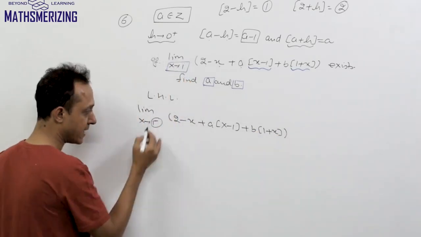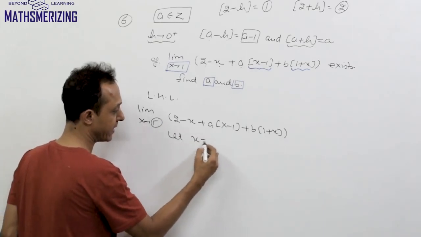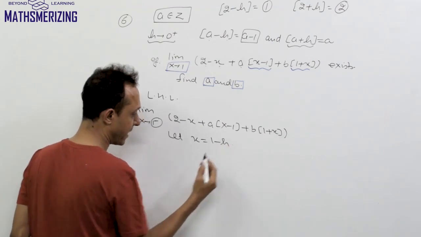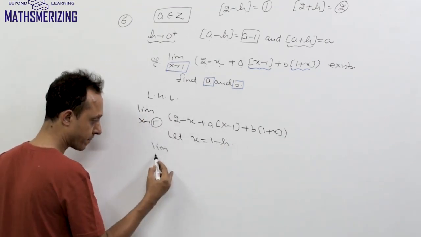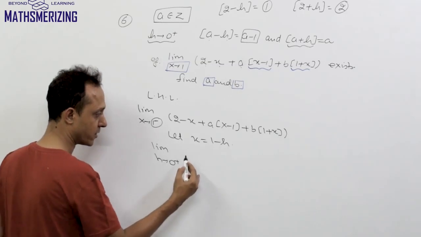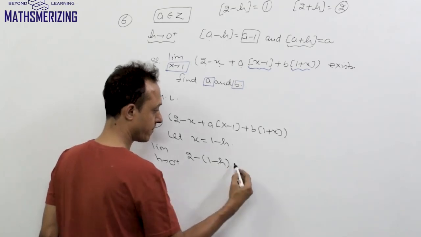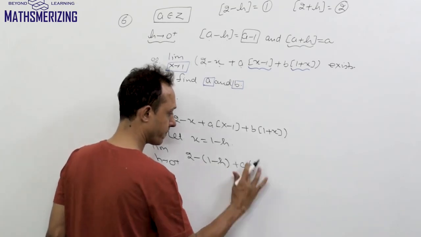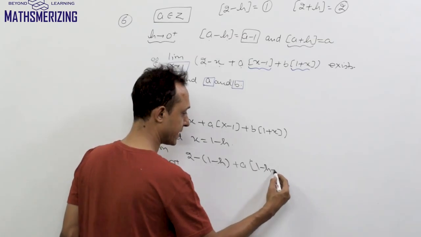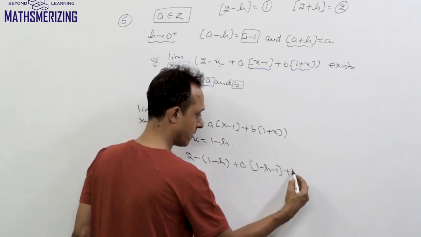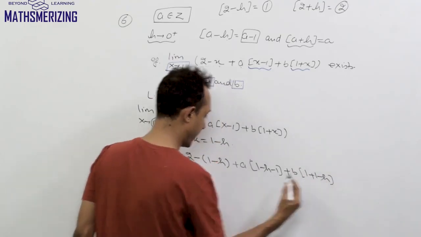Now it is 1 minus, so we are approaching 1 from the left hand side. So I'll do the substitution. I'll let x be 1 minus h. Now when x is 1, h is 0. So I can write it as limit h tends to 0 positive of 2 minus 1 minus h plus a into the greatest integer function of 1 minus h minus 1 plus b into the greatest integer function of 1 plus 1 minus h.